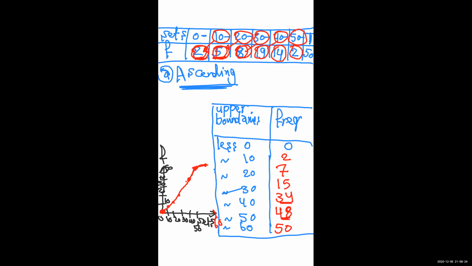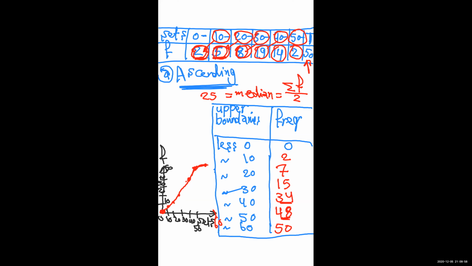Now, guys, the order of the median, we said that it equals the total frequency over 2. So the median order equals summation of the frequency over 2. Summation of frequency here is given in the table, 50 over 2, so it will equal 25, right?